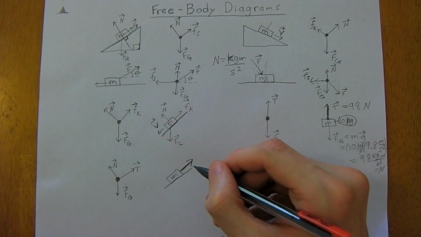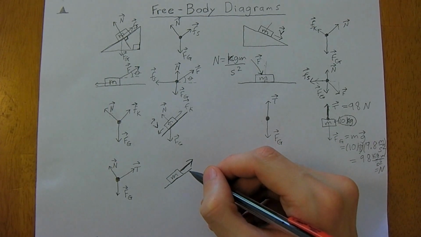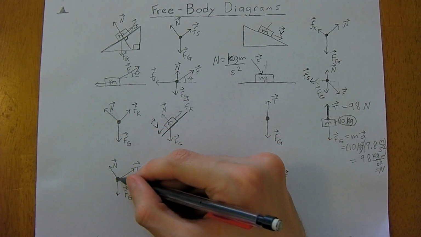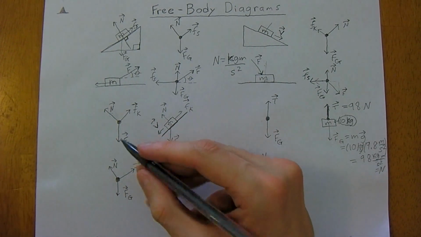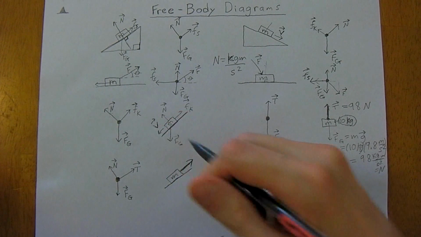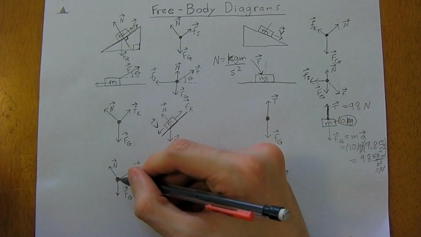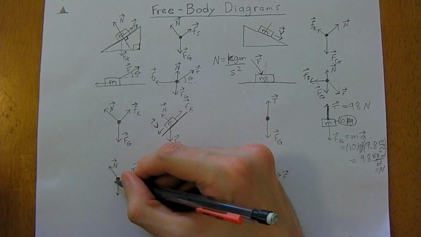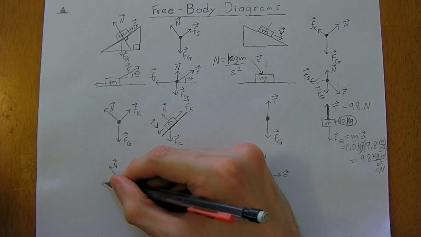There should also be static friction here. So if it was a tight rope pulling it up, then it would have static friction pulling it back this way.